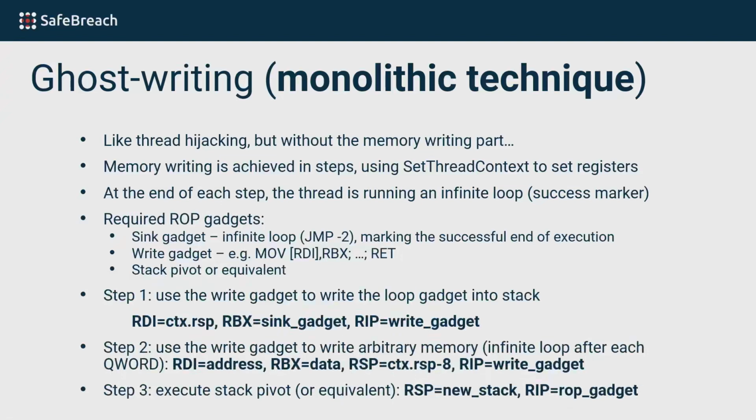Once we detect that, we again set the thread context, this time writing arbitrary words using RDI and RBX, and setting RSP one step back so that when the write gadget finishes with return, it will jump back to the infinite loop. And once we have built the memory to our desire, we can move to the execution by executing a stack pivot using SetThreadContext again.